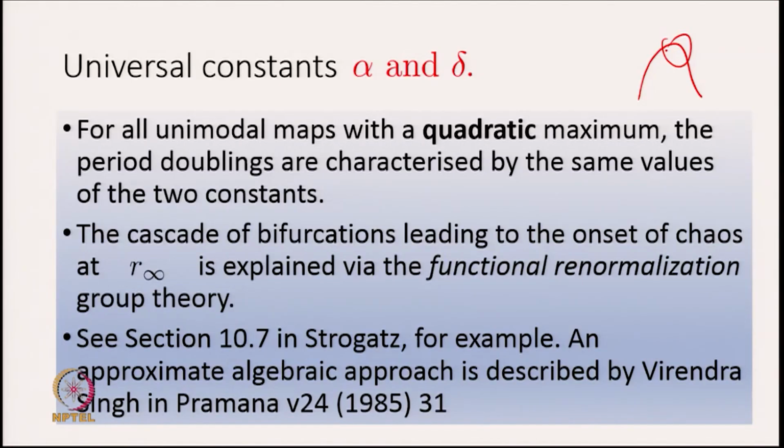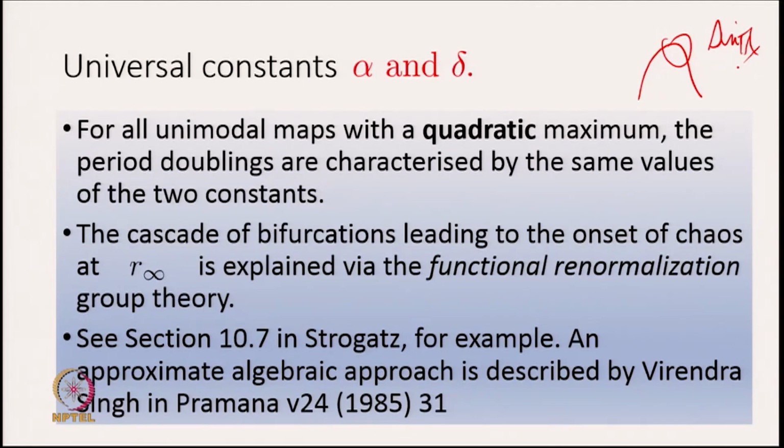These constants appear in other places also, but the importance here is that regardless of what kind of map you have, the details do not matter. So, this will apply to the quadratic map. If instead of the quadratic map you study sine pi x or some map like that, that will also have the same numbers and so on.